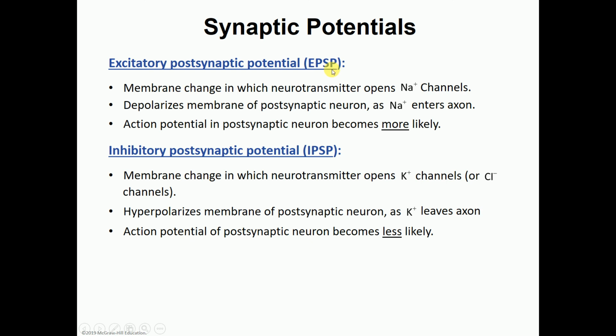But if you open up potassium channels or chloride channels, where now you are hyperpolarizing the postsynaptic neuron, these are known as inhibitory postsynaptic potentials, or IPSPs. In this case, an action potential is definitely not going to occur in the postsynaptic neuron.